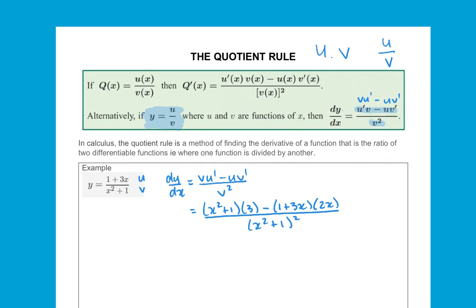Now, you don't always need to expand the numerator, but in this case we can, so let's do that. 3x squared plus 3 minus 2x minus 6x squared.